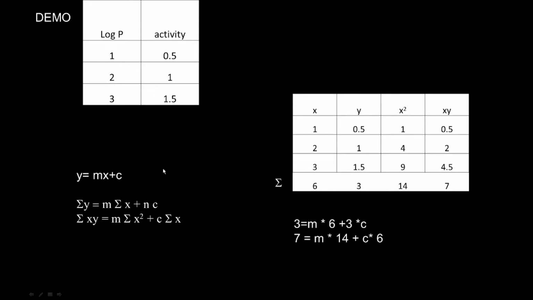So if you do not have Excel, you can do it. This is the basic by which it works actually. So summation of y is equal to m into summation of x plus nc. Summation of xy is equal to m into summation of x square plus c summation of x. Basically you are taking this and getting this equation, and you are multiplying by x, and then you are getting this equation.